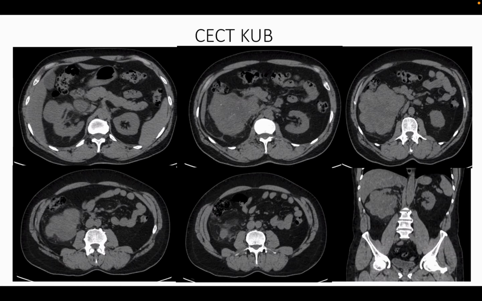The right kidney appears to be distorted in architecture and enlarged in size, with a lobulated lesion around the interpolar region and the lower polar region, which is both endophytic and exophytic.